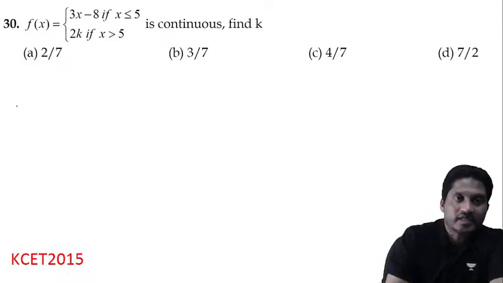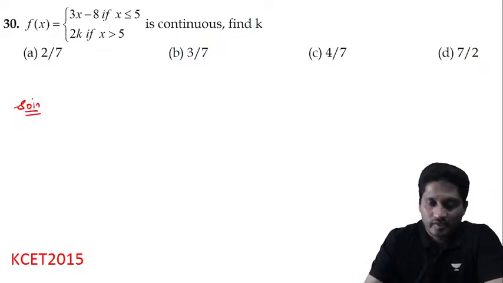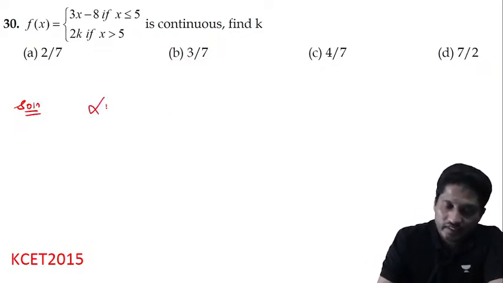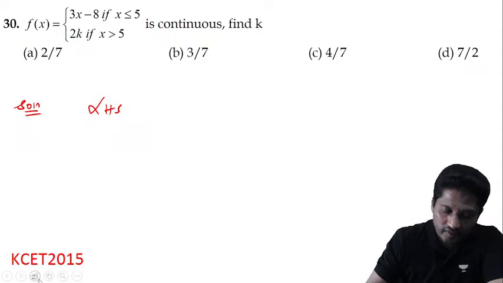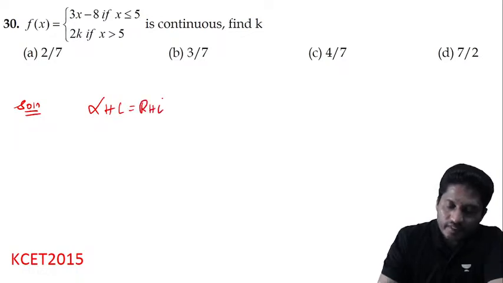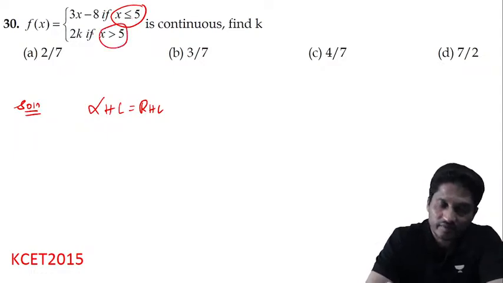F of x is continuous. Find the value of k. Right, now listen. Don't use that all board method. It's continuous, right? So left hand limit is equal to right hand limit. LHL is equal to RHL. You take this 5 and substitute. Less than 5 is left hand limit, more than 5 is right hand limit.